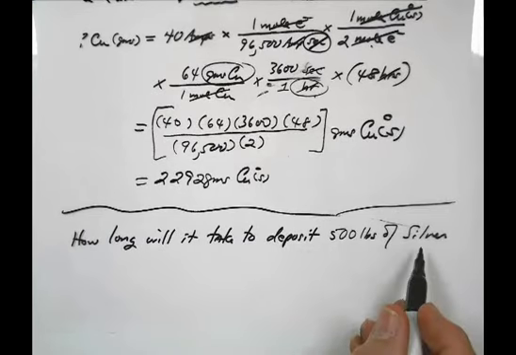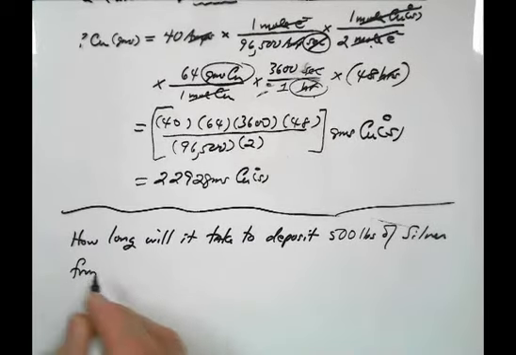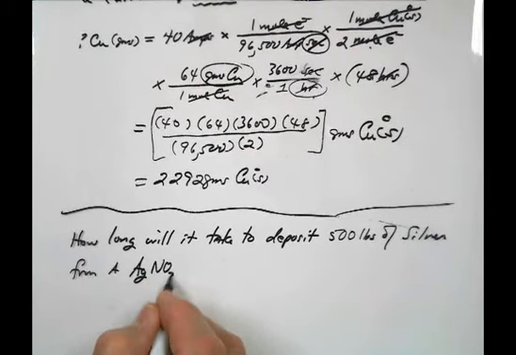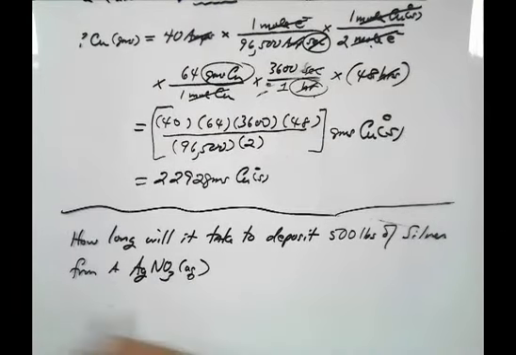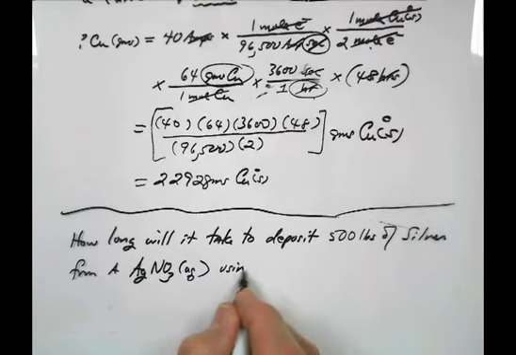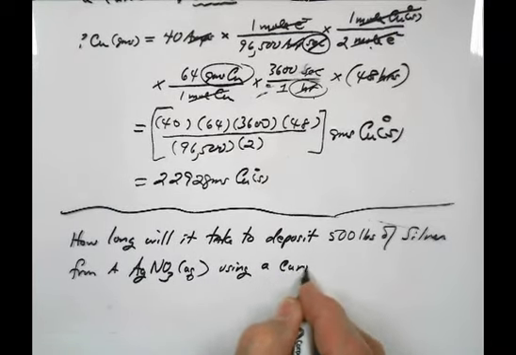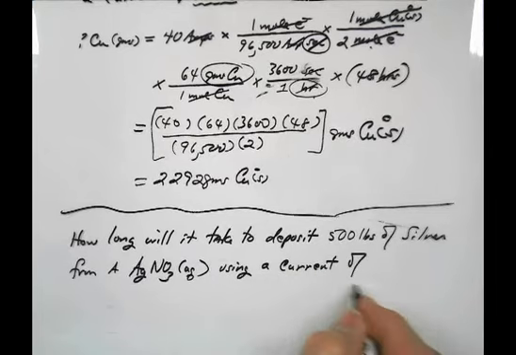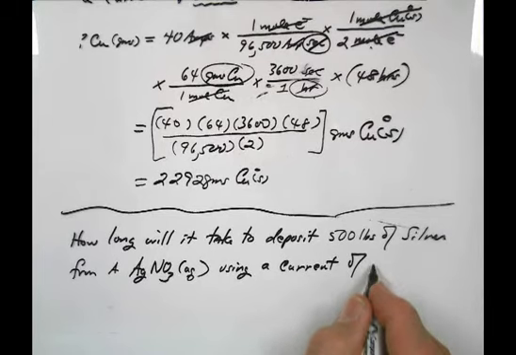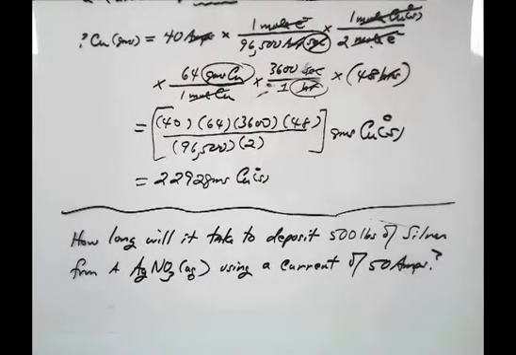How long will it take to deposit 500 pounds of silver from a silver nitrate aqueous solution using a current of, I don't know, 50 amps. Just making them up as I go along.